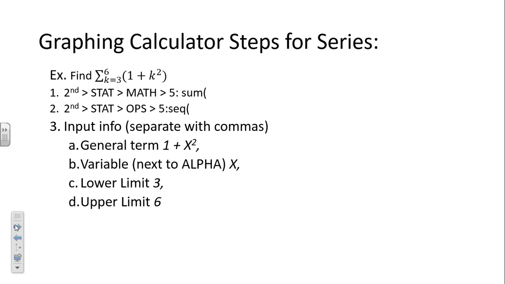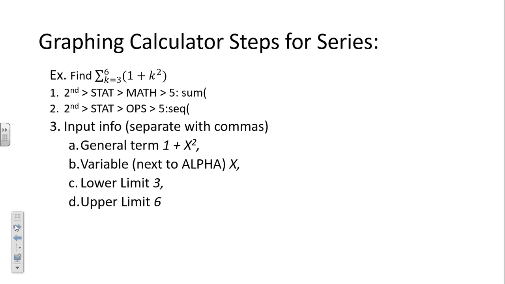Okay, to do that, I want you to press second stat. It's near, I don't have mine with me, to get to the list area. And then go over to math and choose 5, which is the sum. We're taking the sum of a series.